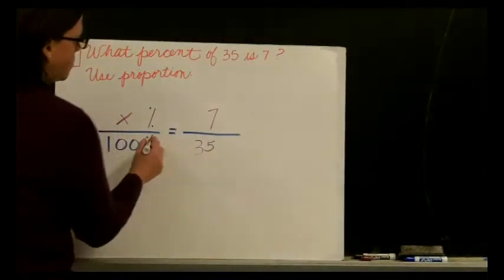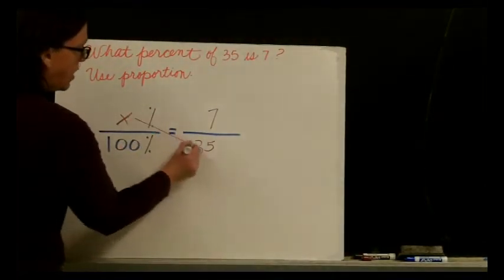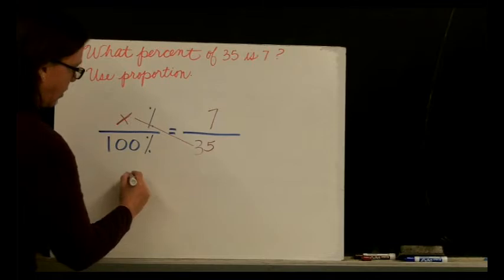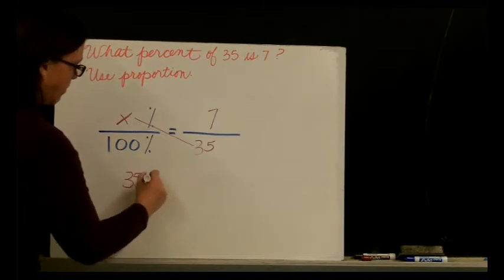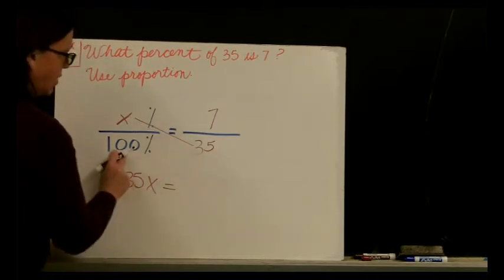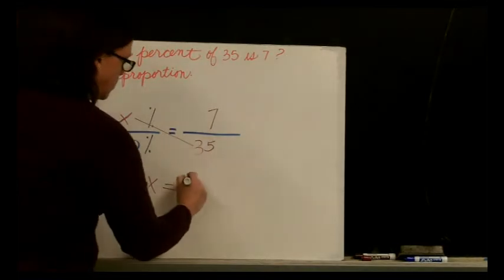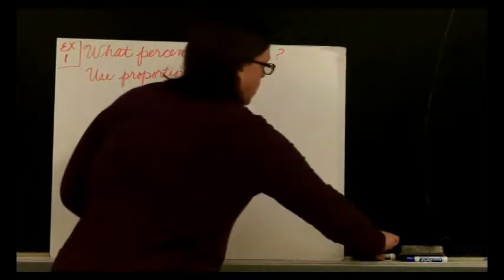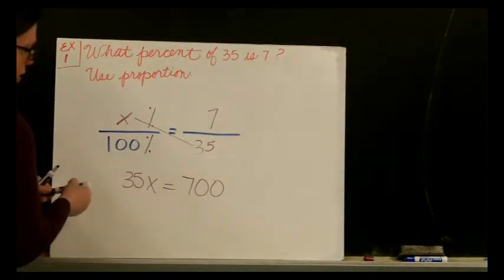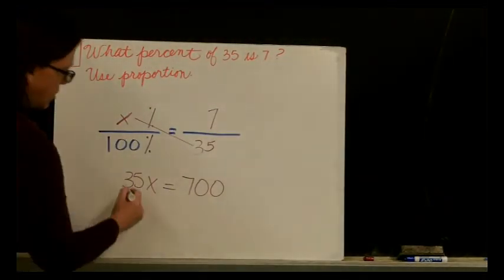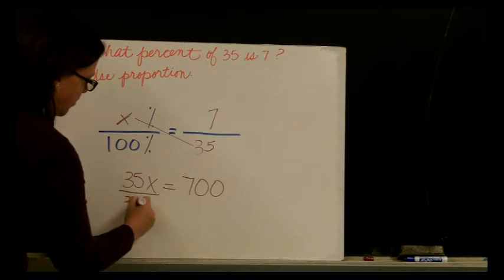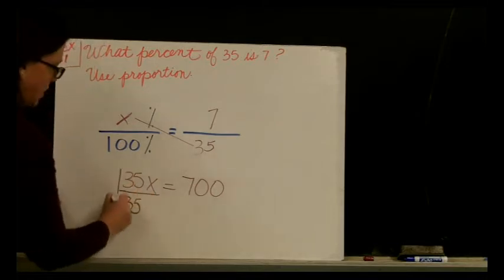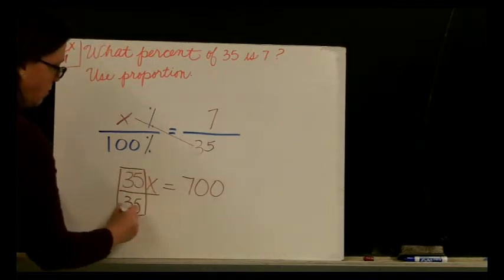Here we cross multiply. We have x times 35, which is 35x, and then 100 times 7, which is 700. And we're going to divide both sides by the coefficient. Here it's 35, because that gives us a coefficient of 1.